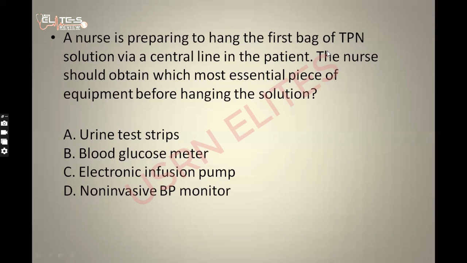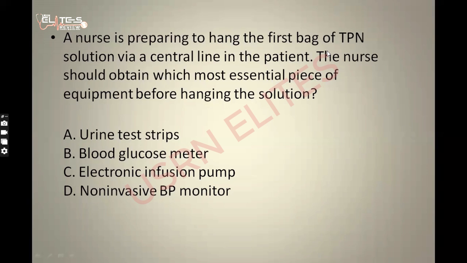Because I'm just focusing on the answer, the order for a TPN, I believe, goes in relation to an infusion pump. Basically, the basic principle for a TPN order goes with an infusion pump.